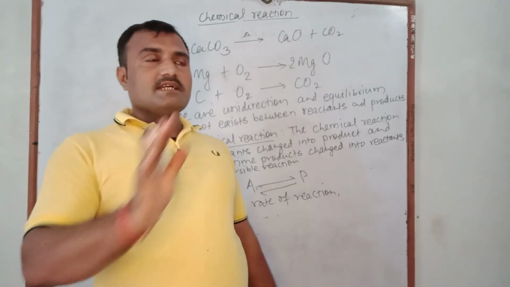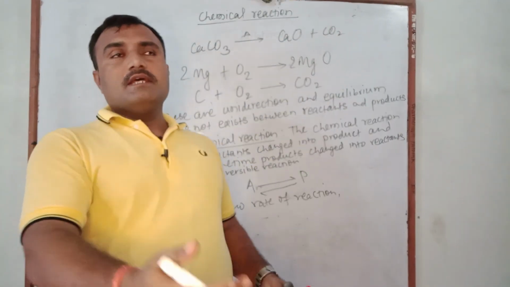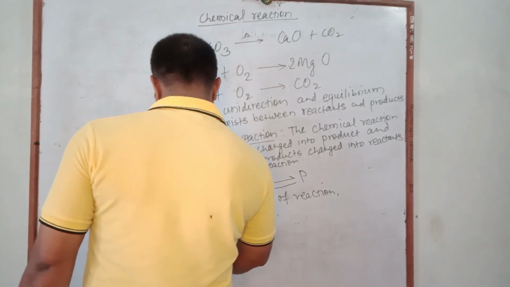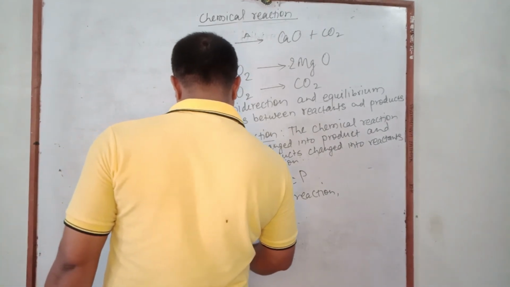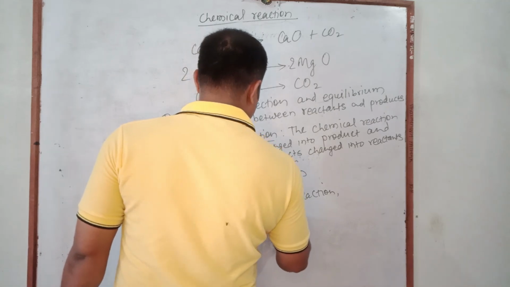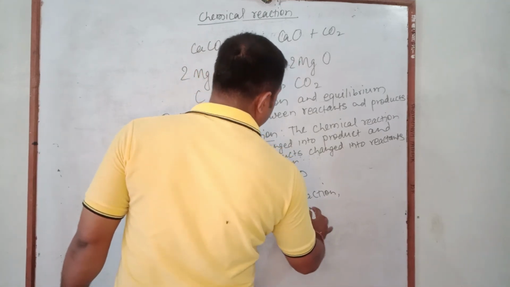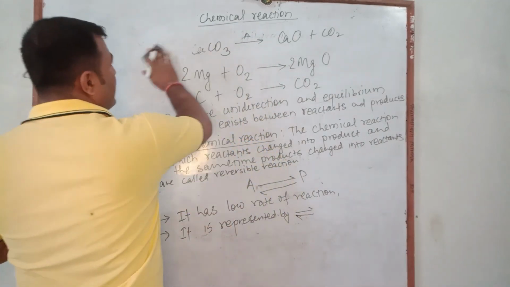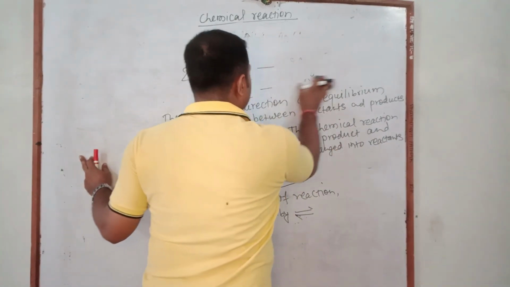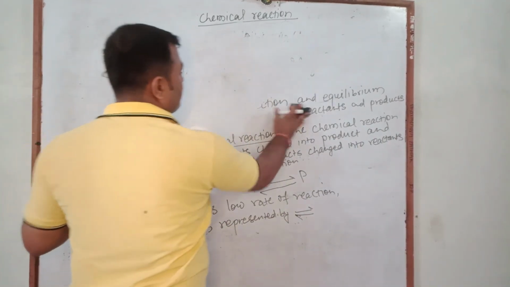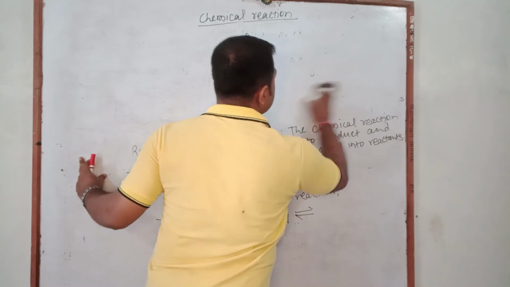Due to that reason, after a certain point the product gets reversed, and it is represented by a double-headed arrow. The double-headed arrow gives information that it is bidirectional in nature, and equilibrium exists in such a reaction.